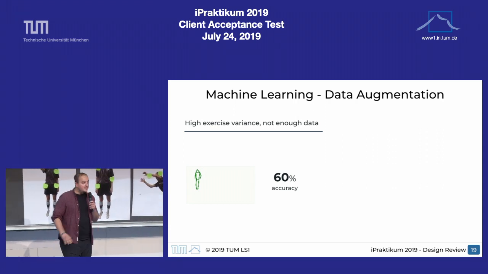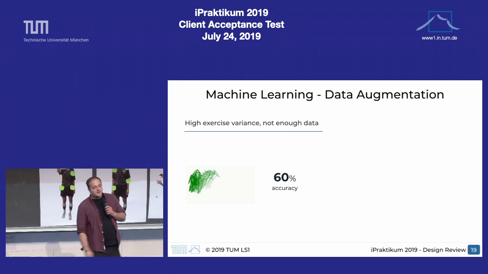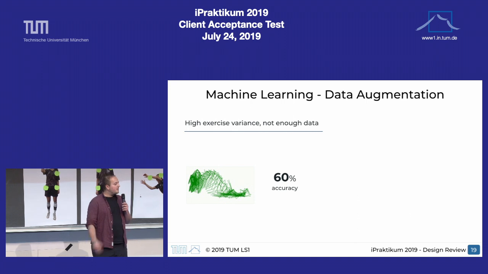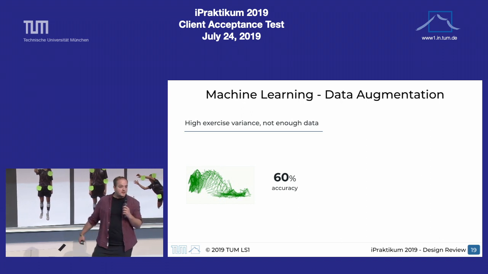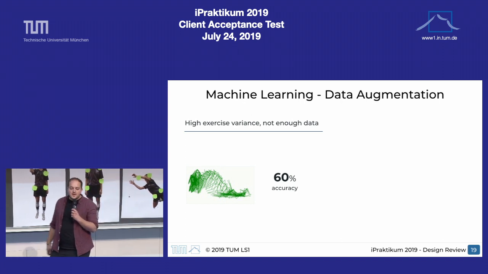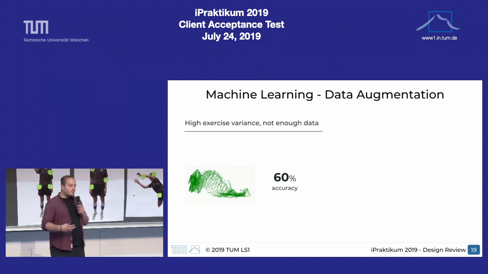So with this clean data set, we started to train our machine learning model. After a couple of iterations, we didn't improve further than 60%. Then we took a step back and looked at our data set, and we found out that we have a high variance but way too little data to train on.